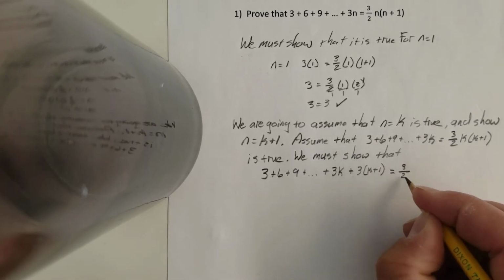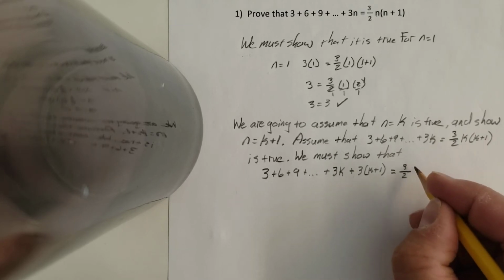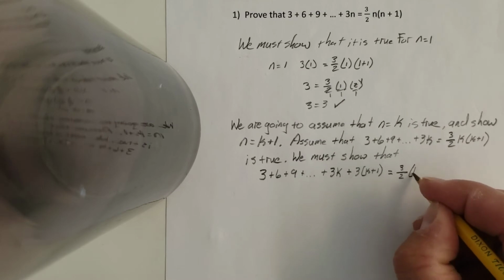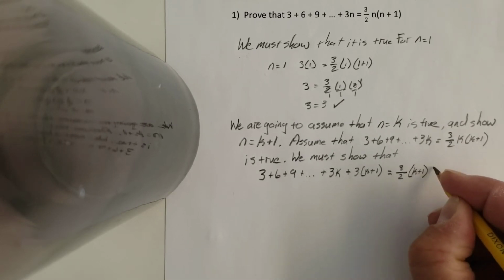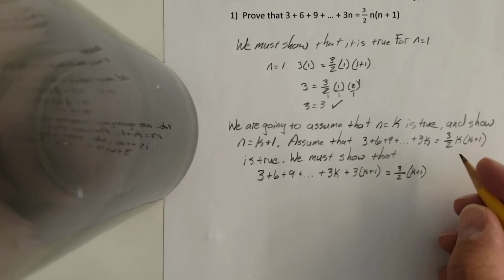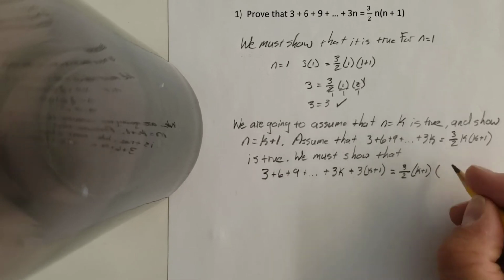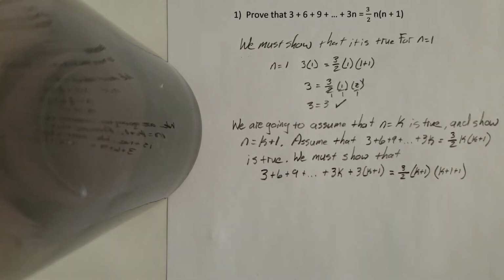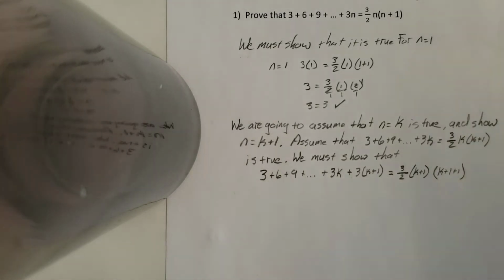So instead of k, back in our original equation, instead we have 3/2 times k plus 1 times k plus 1 plus 1. I'm taking it to the next step.